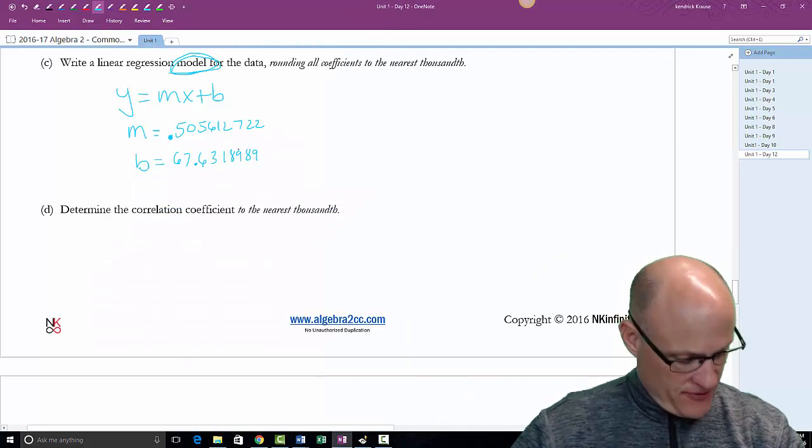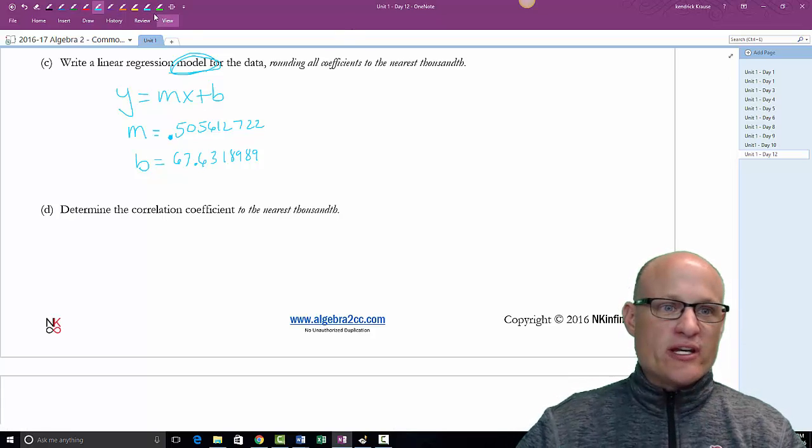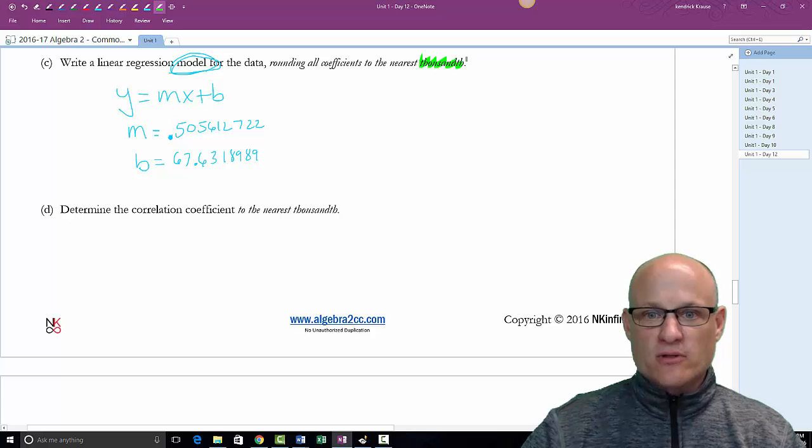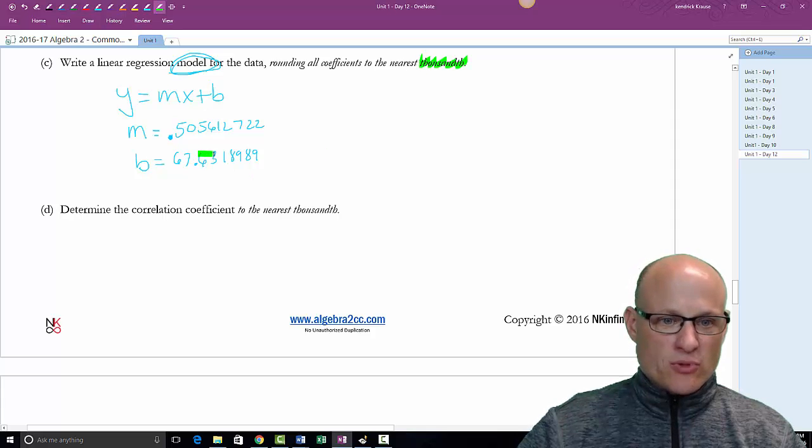So that should be enough. Now we want to round it to the nearest thousandths place. So that's 3 decimals. So these are either going to stay 632 or we have to modify it. It's either going to stay 0.505 or we're going to modify it.